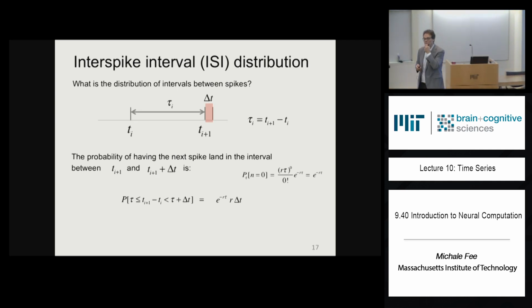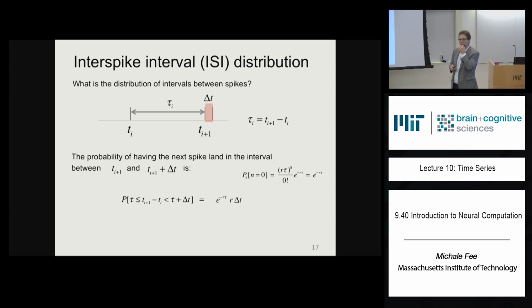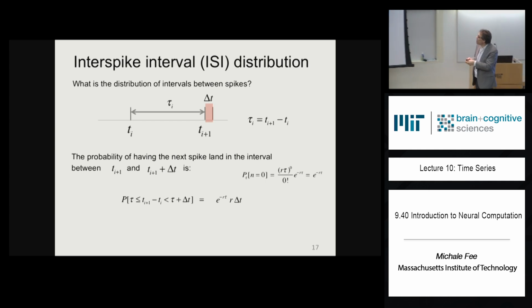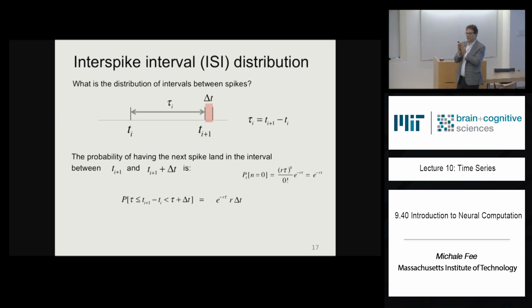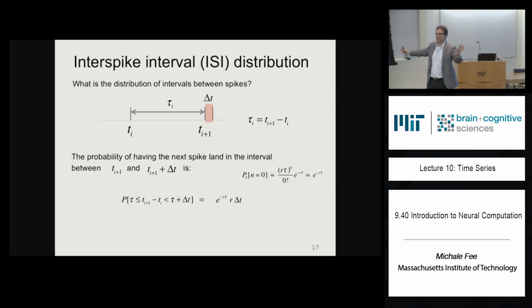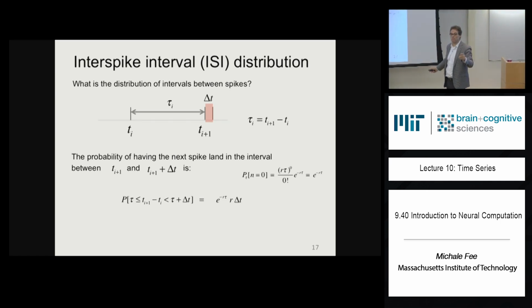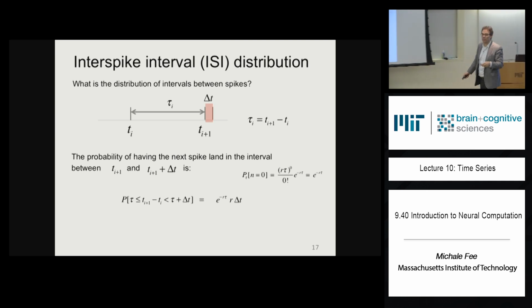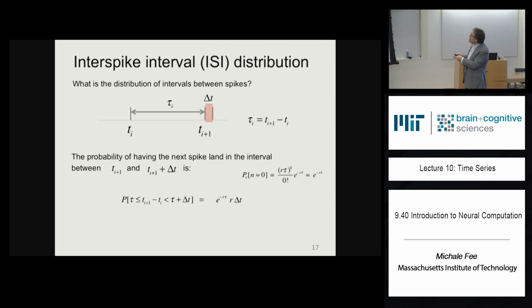Yes? Are we talking about the probability of having the next spike land in delta t given that there was no spike in the first interval? Well, remember, the probability of having a spike in any interval in a Poisson process is completely independent of what happens at any other time. So why did we do that? Okay, because in order for this to be the interval between one spike and the next spike, we needed to have 0 spikes in the intervening interval.